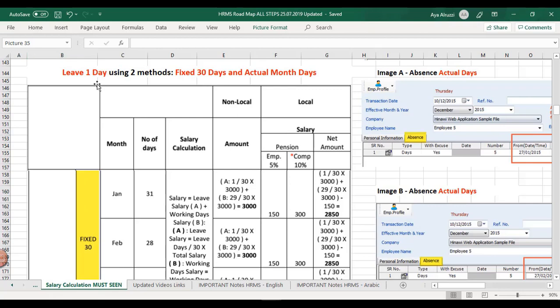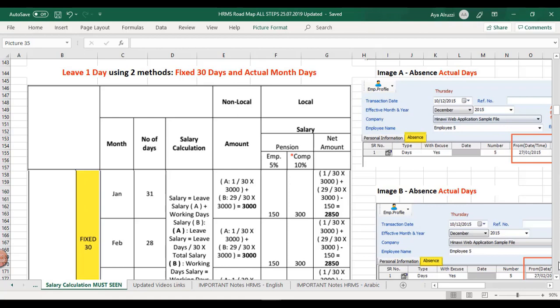Just like the absence, which we took firstly, which is the 1 day of absence, now we will take the 1 day of leave. We will see the difference between fixed 30 days or actual days, how it affects the salary and how it affects the amount. So this is very, very important.